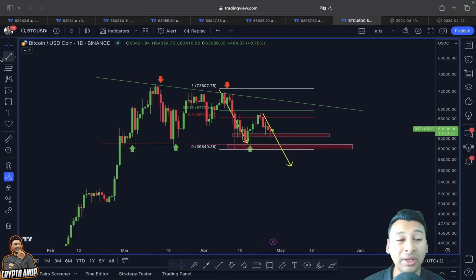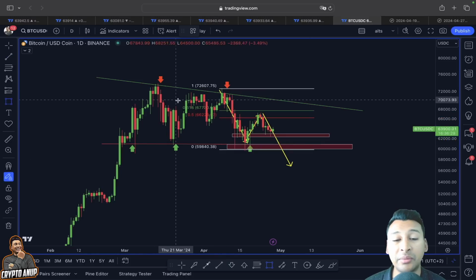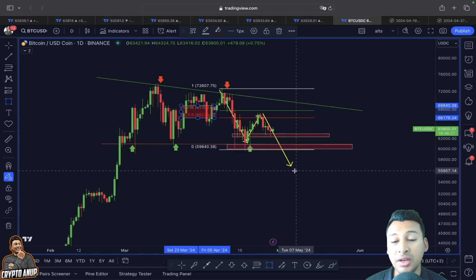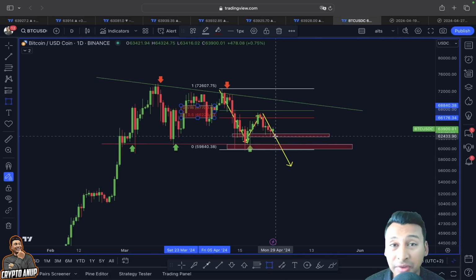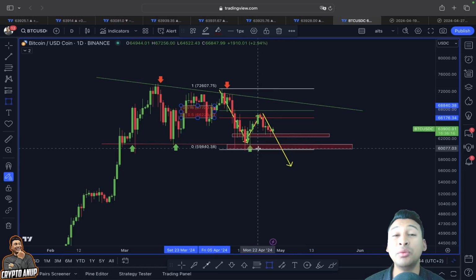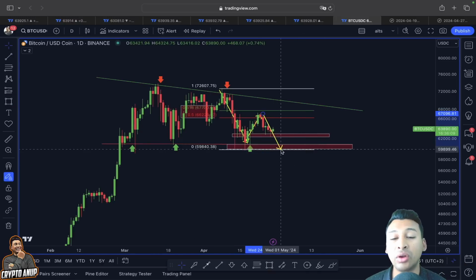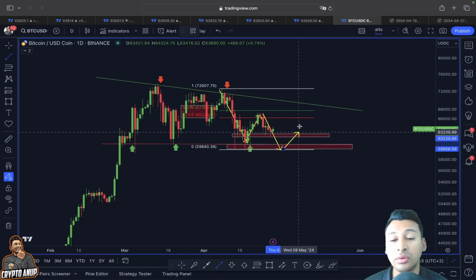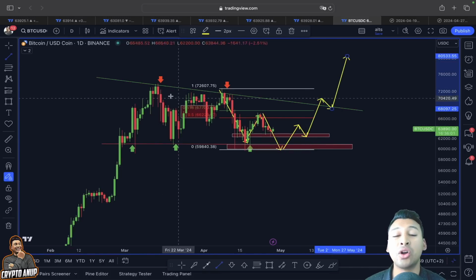Even though this might look like a dead cat bounce type of formation, ABC reversal pattern, doesn't matter, getting rejection on the 0.5, 0.61 Fibonacci line, right, resulting in another continuation pattern, please wait until we fail this support which you have around 62, 63,000 in the medium short term, and even the support which you have around the monthly time frame 60,000. As long as the price remains above that area, please do not jump into any short trade, because it could still show a continuation like this.